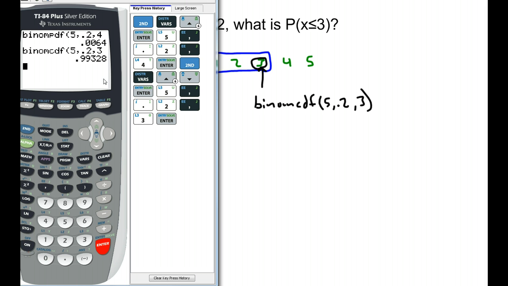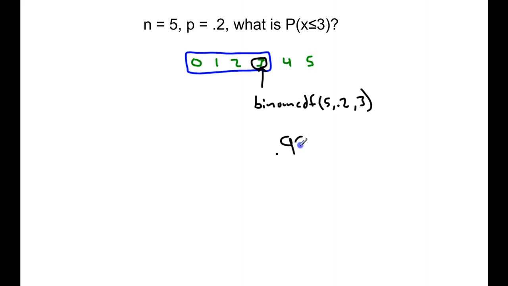We get 0.993. Seems like pretty high probability, but then again, in this situation, you only have a 20% chance of success, so to get 0, 1, 2, or 3, that's going to pretty much include most of the people that would ever happen. It's very unlikely that someone's going to get a 4 or 5.